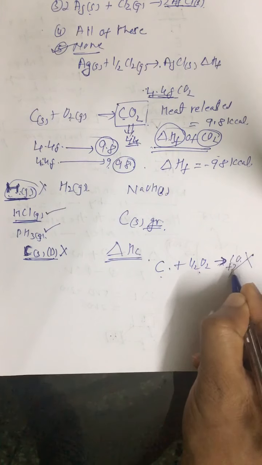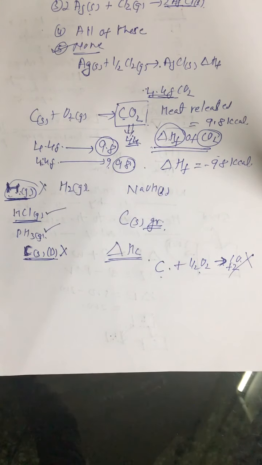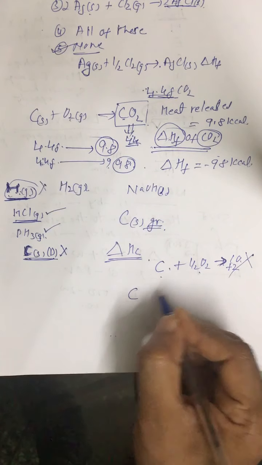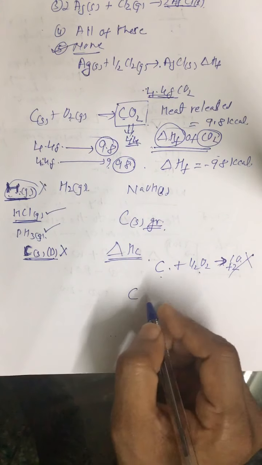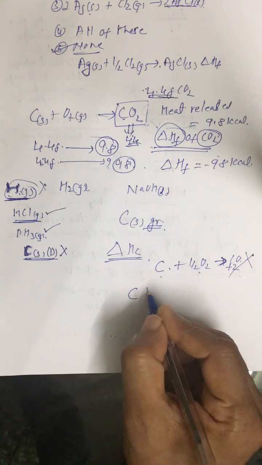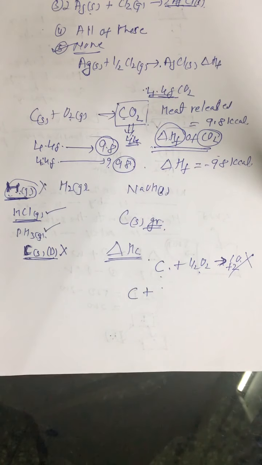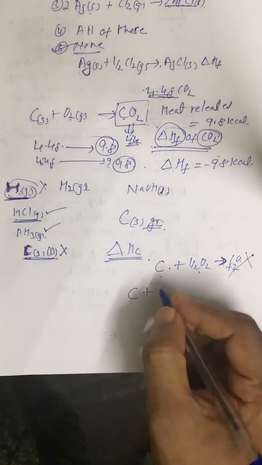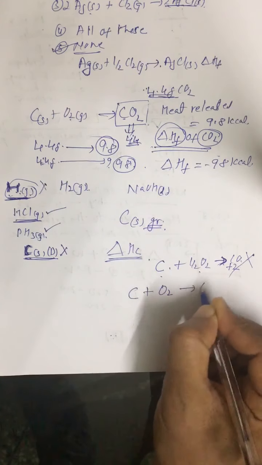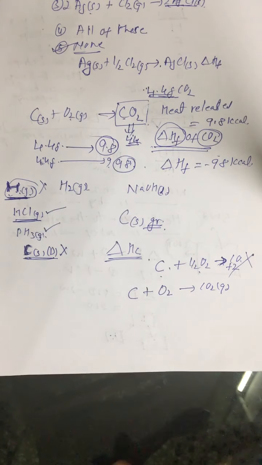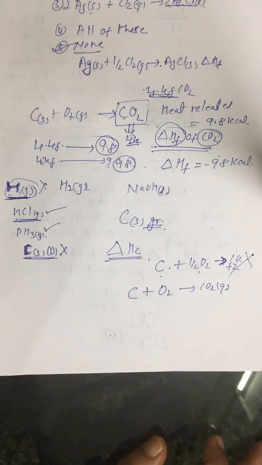You can check by the oxidation state of carbon. In carbon monoxide it is plus 2. So what should be the combustion reaction of carbon? It is carbon plus O2 equal to CO2 gas. This is the combustion reaction, and the heat evolved is called heat of combustion.